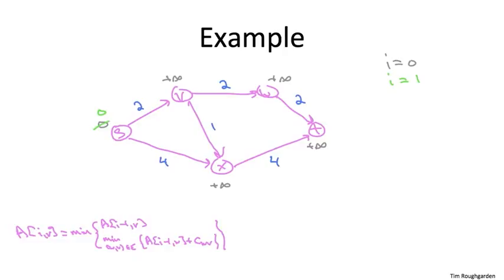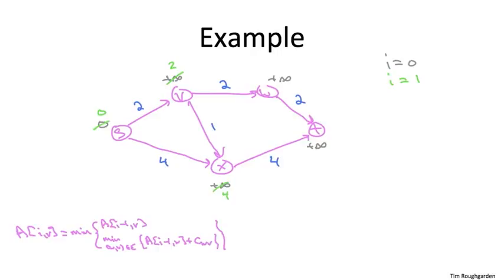That has length 2, and S's subproblem value last iteration when i equals 0 was 0. By the same reasoning, X's new subproblem value is going to be 4, because we can choose the last hop to be (S, X), and add the cost of that edge, 4, to S's subproblem value last iteration when i equals 0.